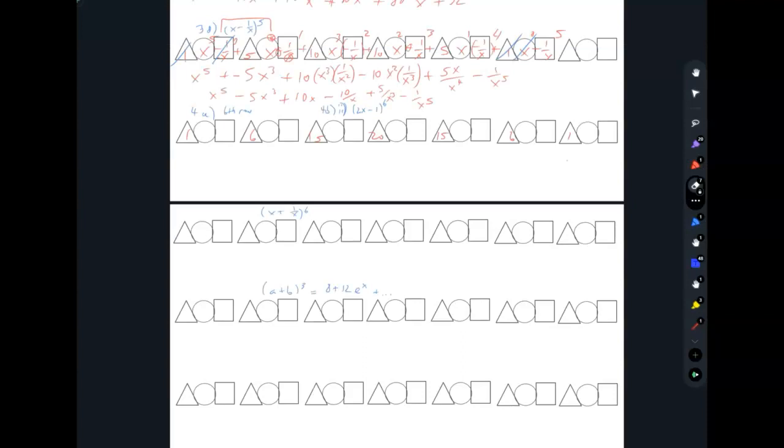Okay, so first we put in our coefficients, 1, 6, 15, 20, 15, 6, 1. And then our binomial is 2x in the circle and negative 1 in the square.